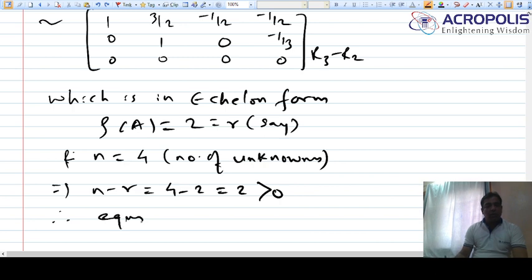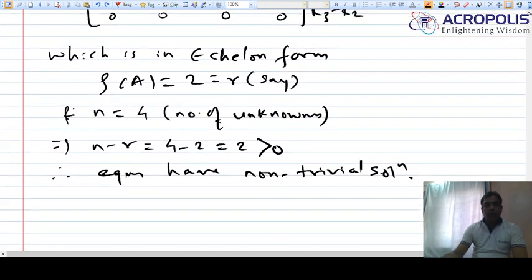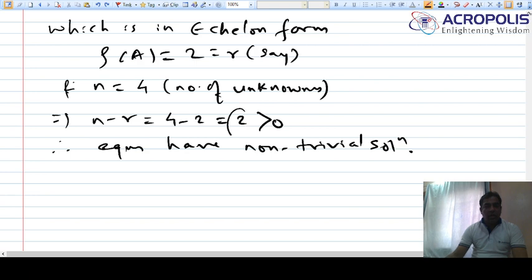Therefore equations have a non-trivial solution. And arbitrary values are given to two unknowns, as we have n minus r equal to 2. Now, the matrix equation is AX equal to B and B is 0.